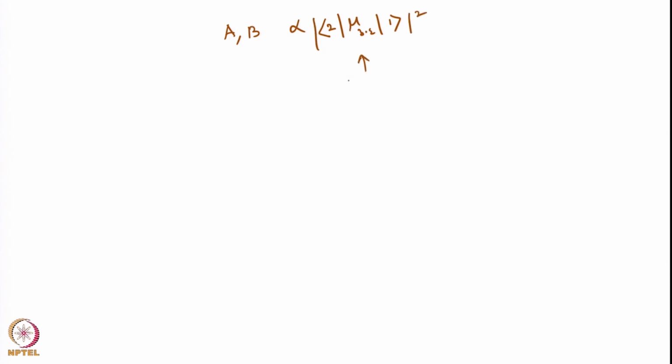So, this is nothing but the transition dipole. Okay, the proportionality constants are different, but essentially they are proportional to the transition dipole. So, if you know the transition dipole, then you can get the Einstein's coefficients A and B, and if you know the Einstein's coefficients A and B, then you know the rate of absorption and rate of emission.